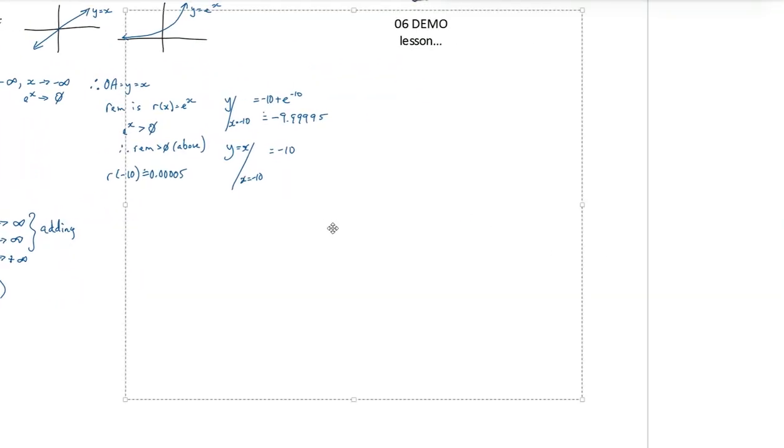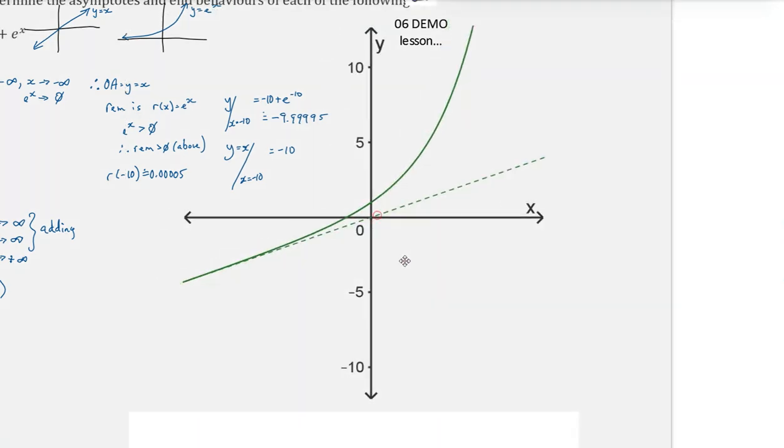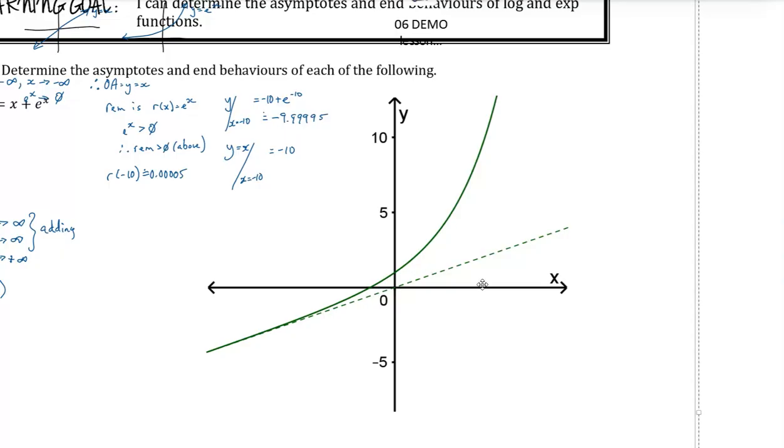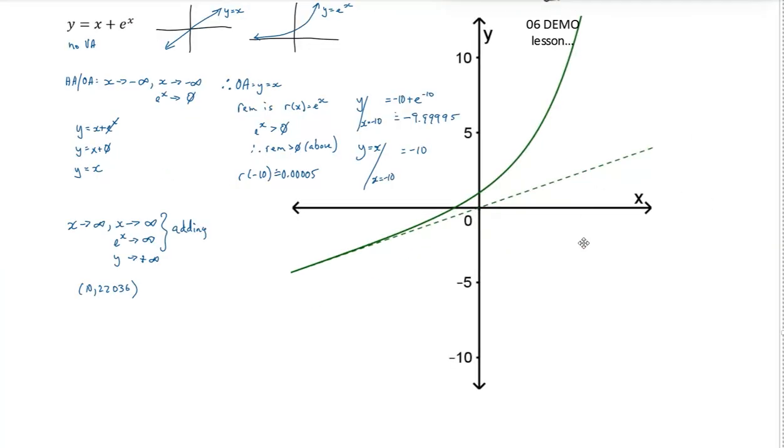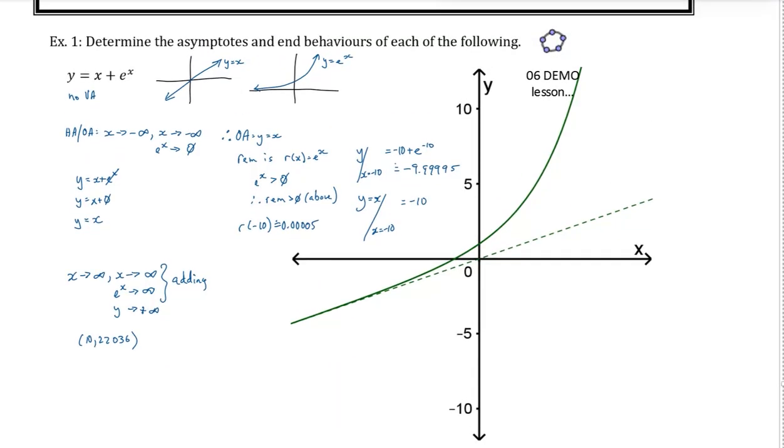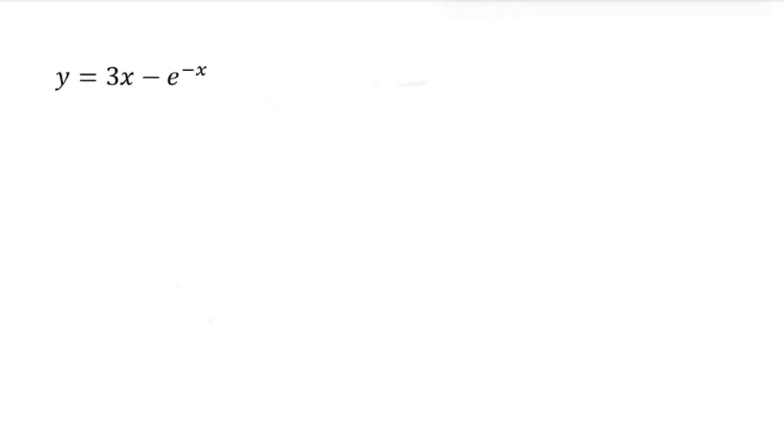I think I have the graph here. So that's what it looks like. Oblique asymptote going that way, and then just goes off. Any questions about that one?